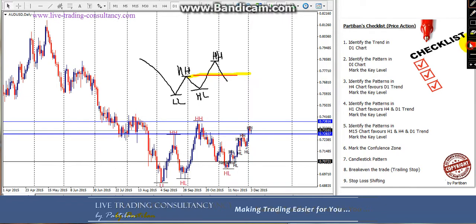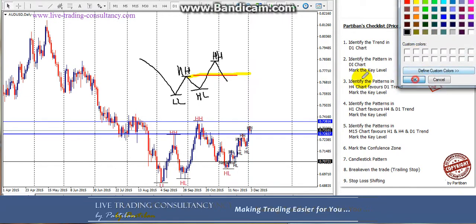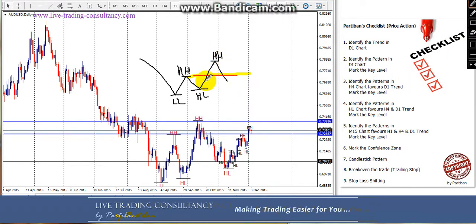Once it enters the region, I'll wait for the market to close above this again. This indicates the market is already creating a new low, which is a higher low, and the market is going to advance up.